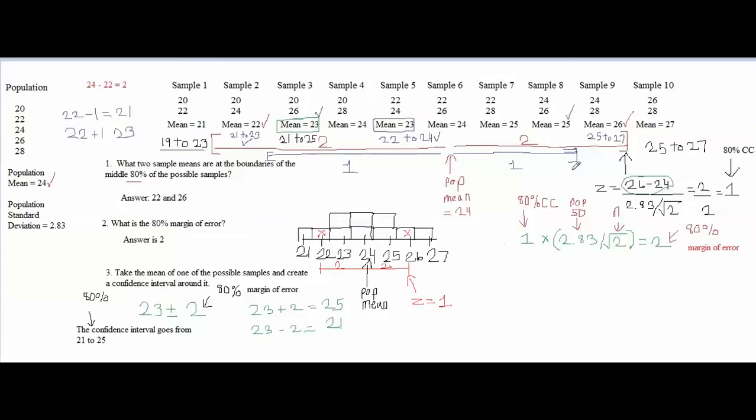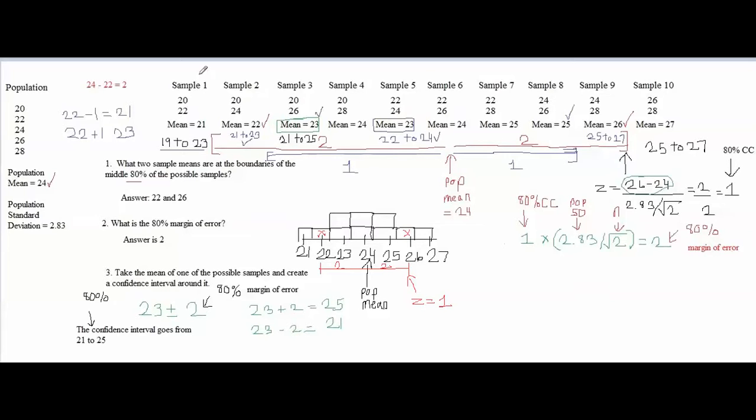This time we'll have to get the z-score at the upper boundary of the middle 60% up here. Because if you want the margin of error to come out to 1, you have to get the z-score at the upper end of this margin of error. So let's get the 60% confidence coefficient, which will be the z-score at the upper boundary of the middle 60%.